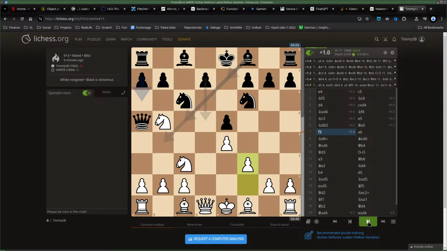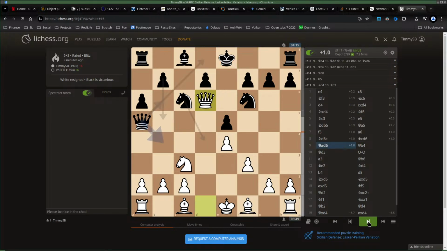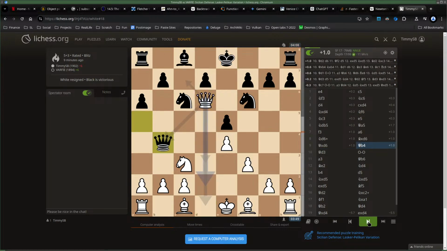Yeah, I should have developed the piece. I'm still +1 though. And here I went to d3, I think, which was not the best move apparently. Should have unpinned my knight.